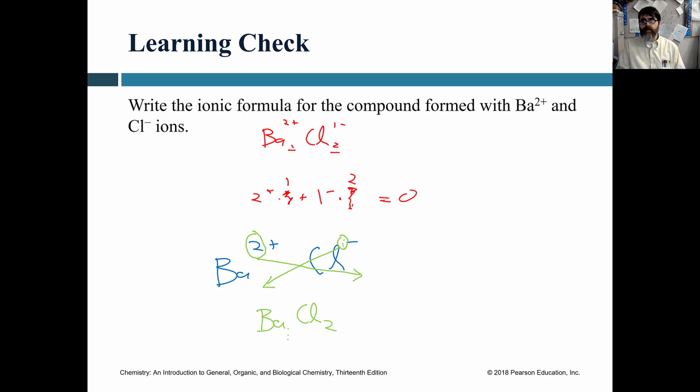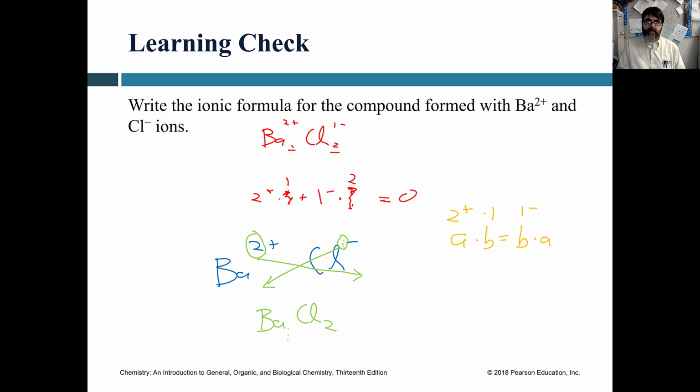There's a mathematical reason why it works. I'll give it to you here real quick. Somewhere in algebra, maybe even pre-algebra, you should have learned that A times B is equal to B times A. Multiplicative property, maybe, I don't recall. The term for it doesn't matter. What we're doing is treating the charges as A and B. So we have a 2+ and a 1-.